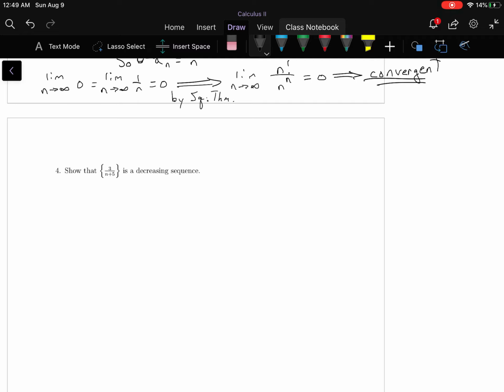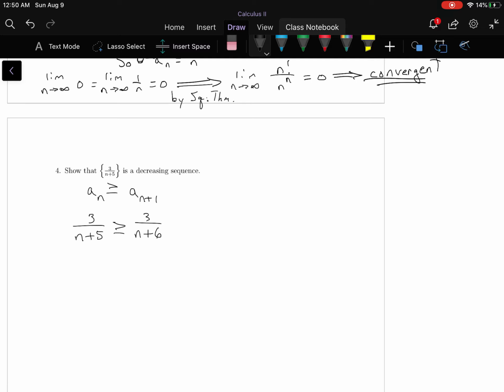So if it's decreasing, then a sub n, as it relates to a sub n plus 1, must share this relationship. And so the next term has to be smaller, or no bigger, certainly, than a sub n. And so now we plug in. We've got 3 over n plus 5. And if n is n plus 1, then we have 3 over n plus 6 on the right.